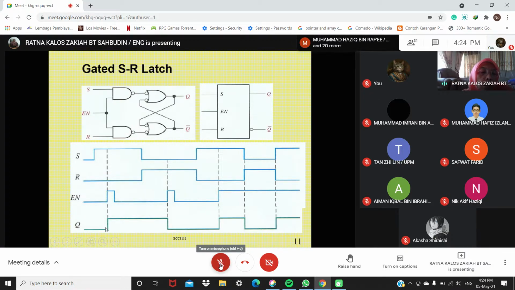You start Q with low, senang. So at this point only you look when enable is high. You make a dash line like this. You see this is high, so you get high. Remember, enable is important. You look at enable. Enable must be high.